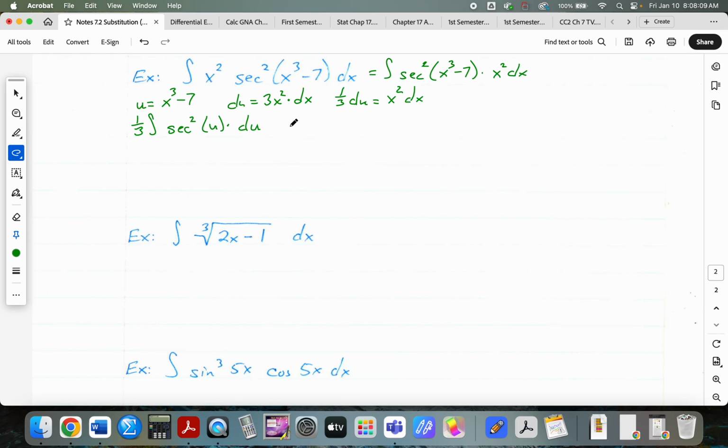Makes my integrand a little cleaner. So now I just need to know, well, what is an antiderivative of secant squared? Exactly. So this would be 1/3 of the tangent of u plus c. So this is 1/3 tangent of x cubed minus 7 plus c.